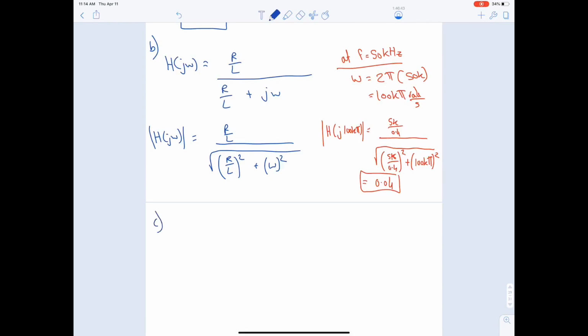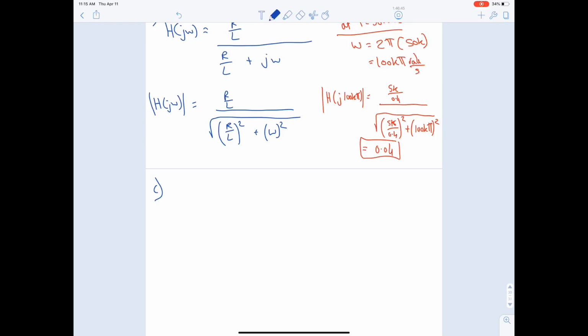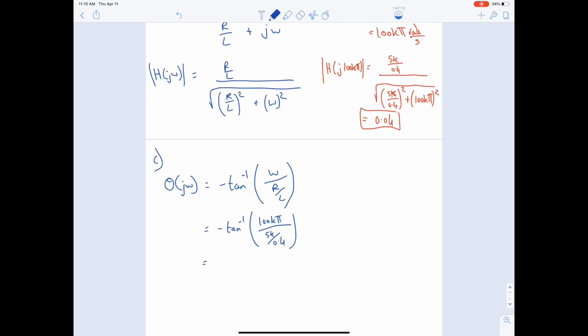They need the phase angle evaluated at the same frequency. The phase angle was also computed earlier, and it was tan inverse of omega divided by R over L. Substituting in frequency, 100 kilo pi divided by 5 kilo divided by 0.4 will give us minus 87.7 degrees.